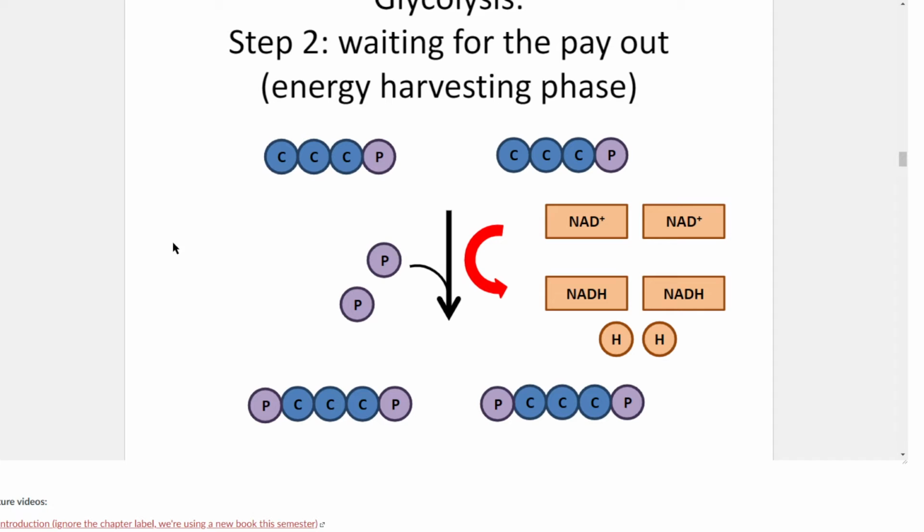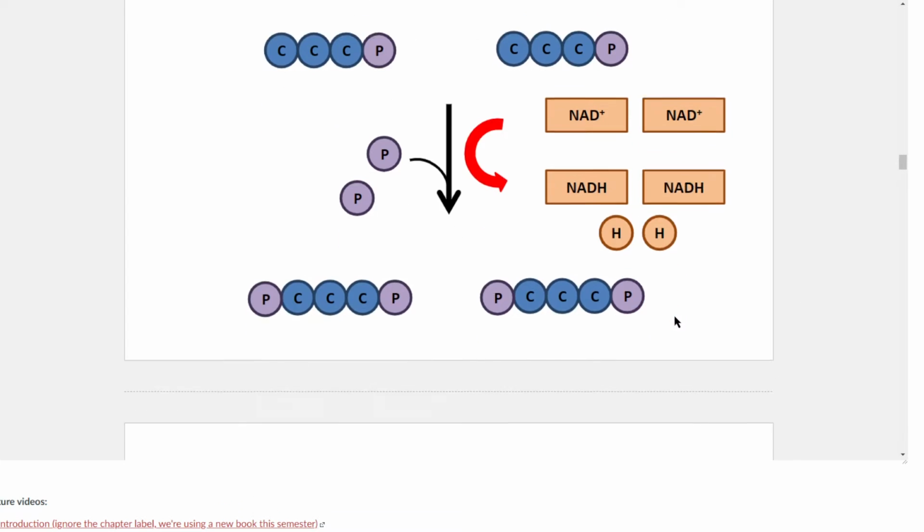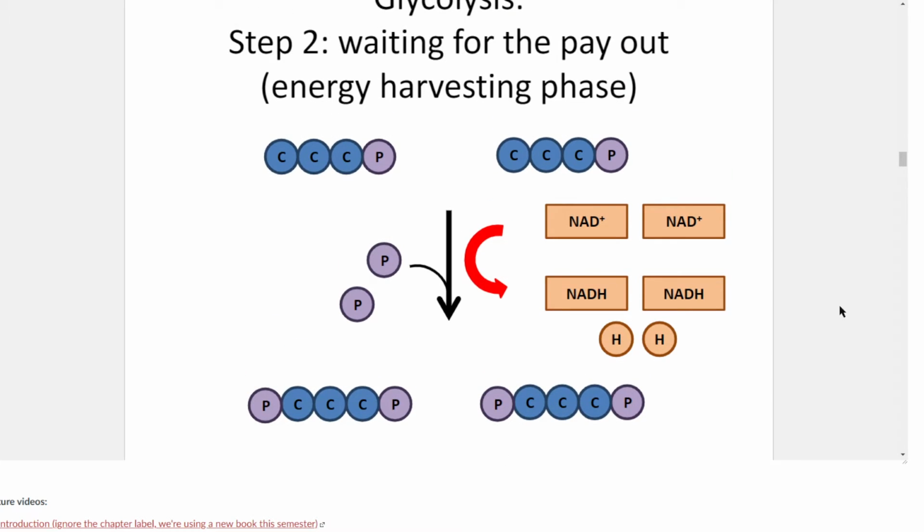The electrons we get will be transported with NADH. NAD plus will turn into NADH. Why? Because this hydrogen will have electrons, which will change the overall charge of this molecule.